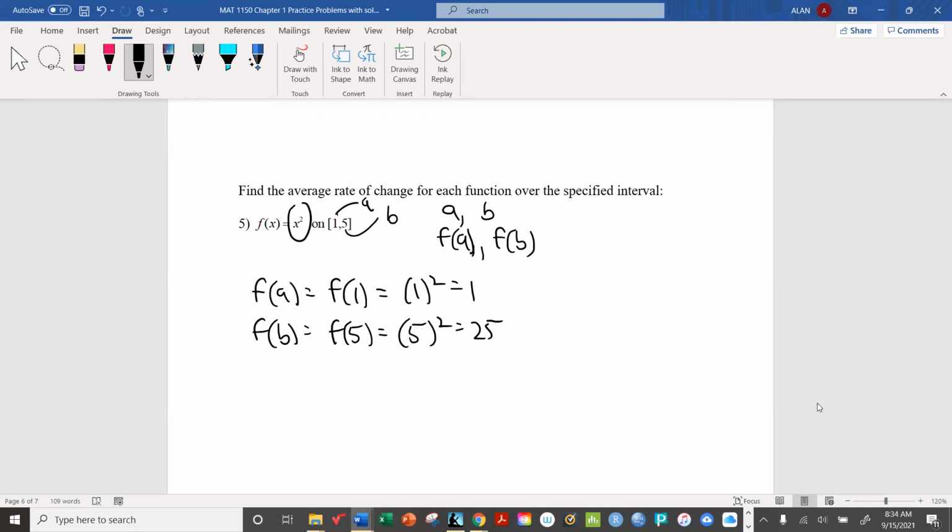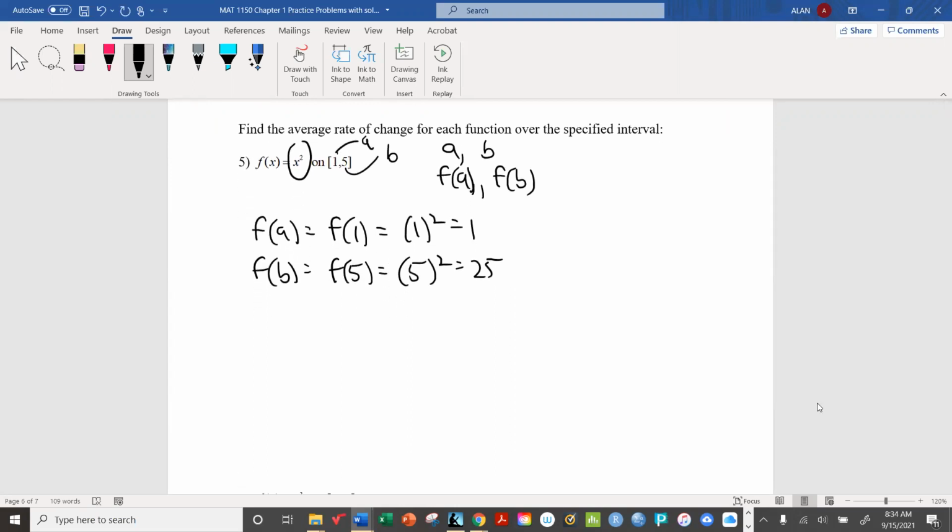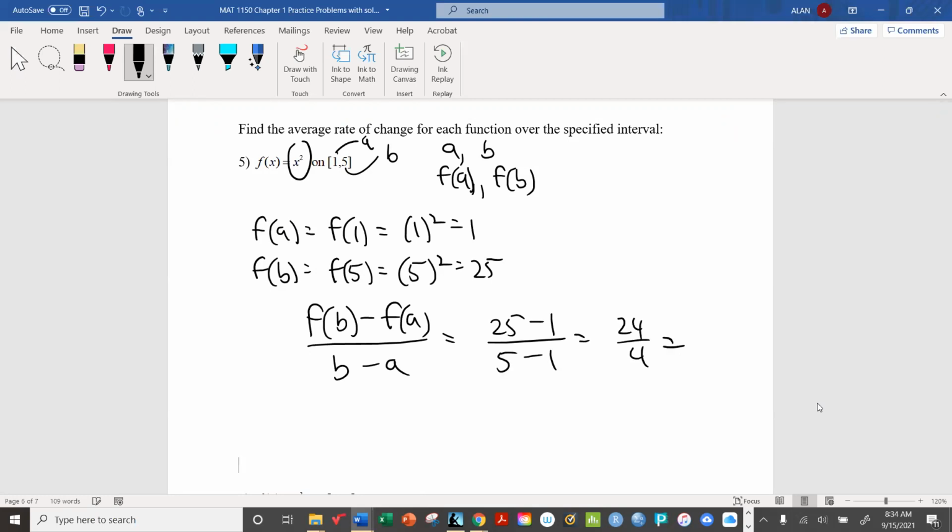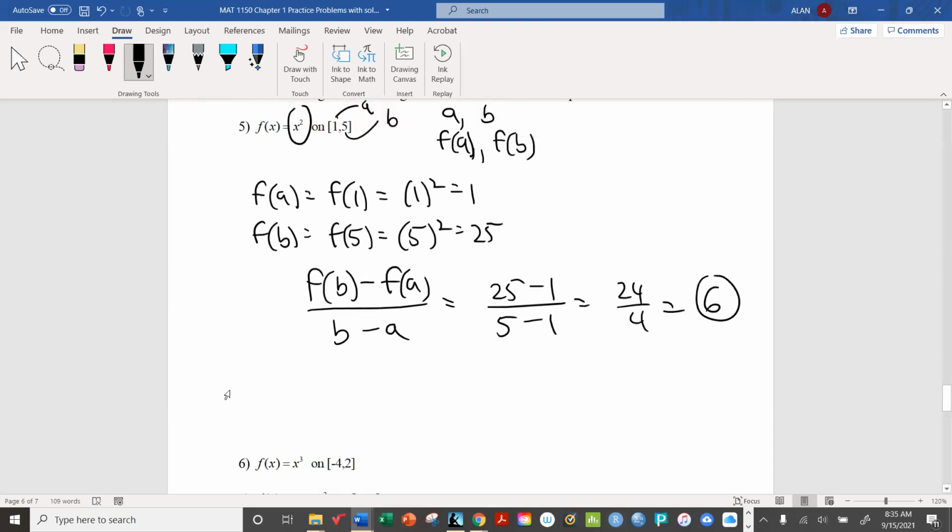So what I'm doing is squaring the A and squaring the B. And so the formula that we need to calculate the average rate of change is right here. So I'll have 25 minus 1 over 5 minus 1. And that's it. That's all you have to do. So those are pretty straightforward.